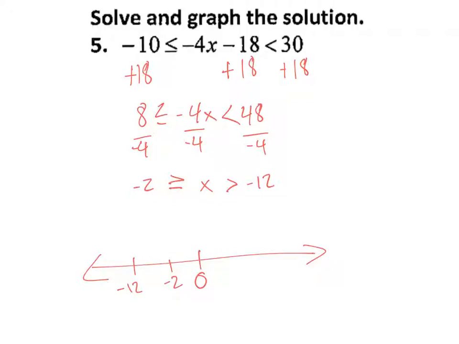So open or solid circle? Okay, and x is less than or equal to -2. So what direction am I going in? All right, and now for the other part, x is greater than -12. So what direction am I going in?